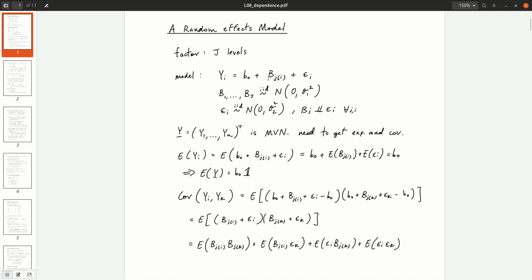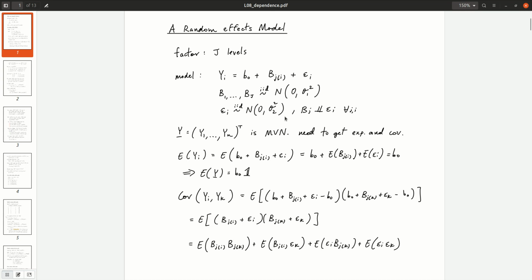But we make a little bit different assumption on this capital B sub j of i. The assumption is the following: that this collection of random variables, uppercase B1 up to uppercase B sub J, are independent and all of the same distribution, and that distribution is normal, mean 0, variance sigma 1 squared.